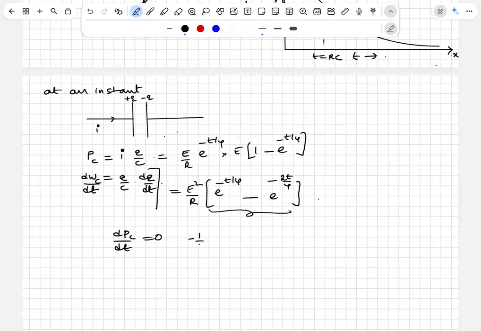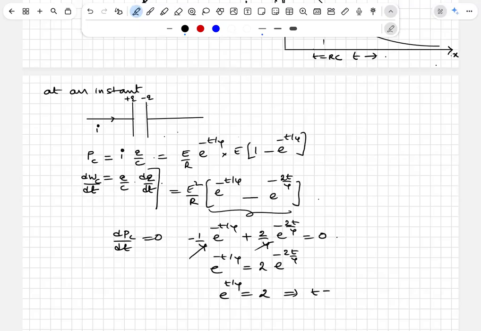So, it is minus 1 by tau times e to the power of minus t by tau plus 2 by tau times e to the power of minus 2t by tau is equal to 0, giving t equal to tau times natural logarithm of 2.